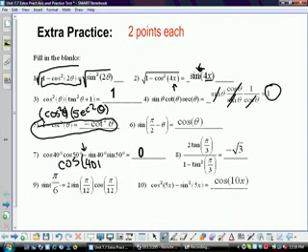Cosine of A, which is 40, plus B, which is 50. Cosine of 90 degrees. What's cosine of 90 degrees? 0. Yep. If there are numbers, so the question was, will we get it wrong if we put cosine of 90?